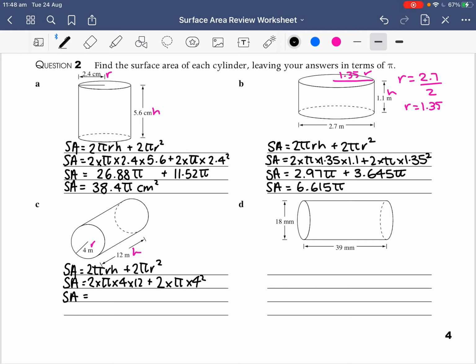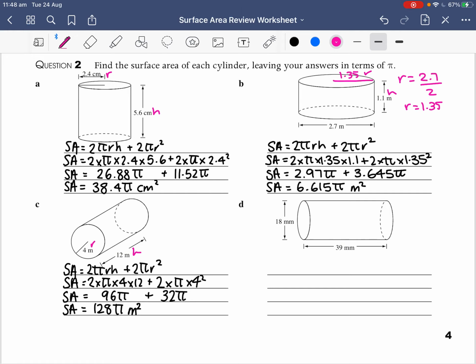So surface area equals 2 times 4 times 12, which is 96 pi, plus 2 times 4 squared, which is 32 pi. So now we add these together. 96 plus 32 is 128 pi meters squared. And back up for B, I forgot my meters squared.